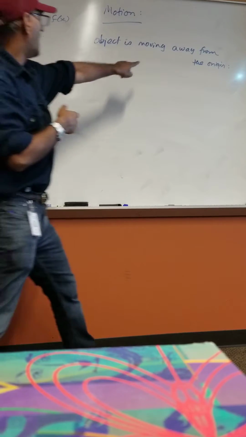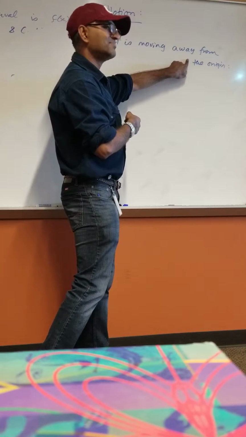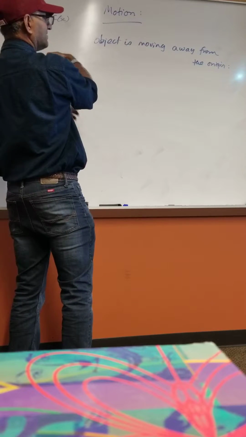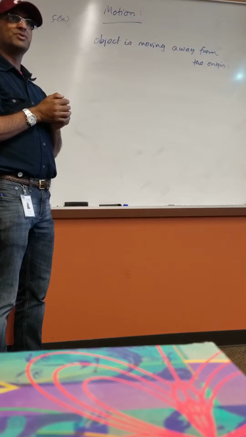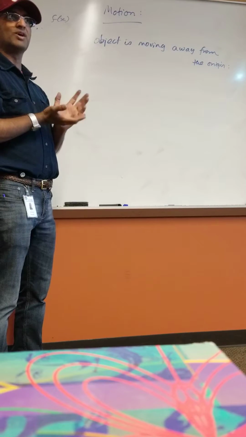That's not the only way. We talked about four scenarios. The position is negative and the velocity is negative, moving leftward, so you're moving away from the origin. So do we have a shortcut?